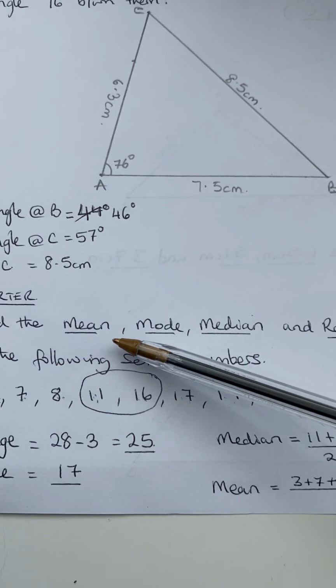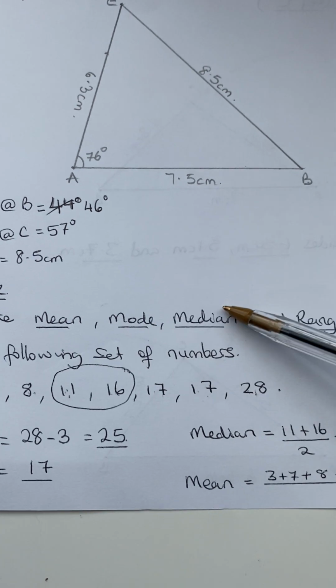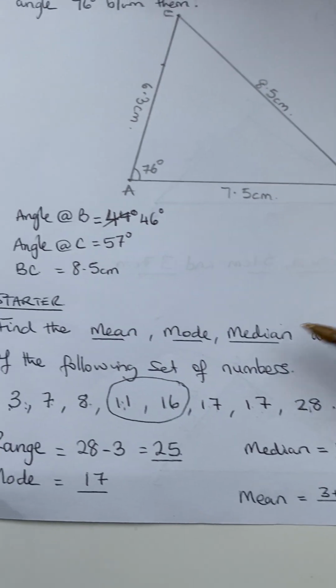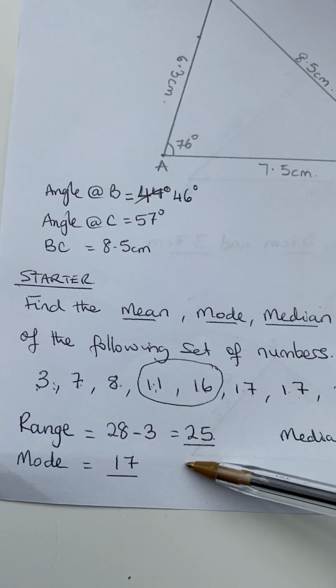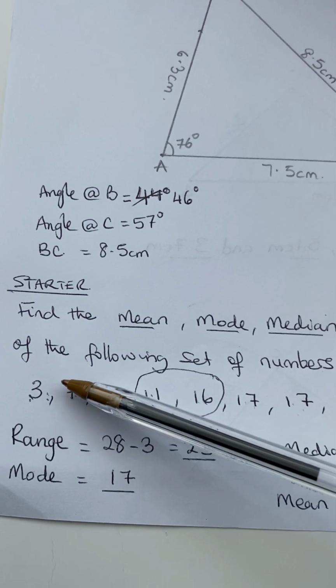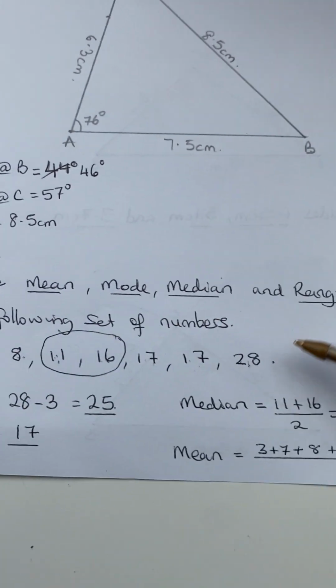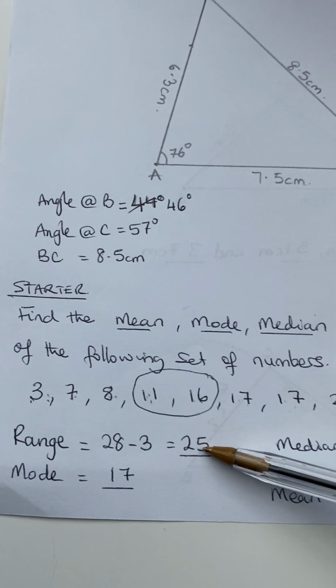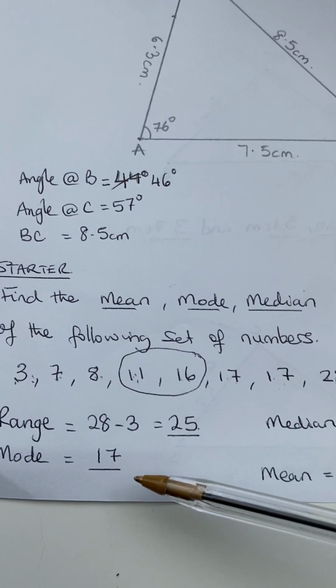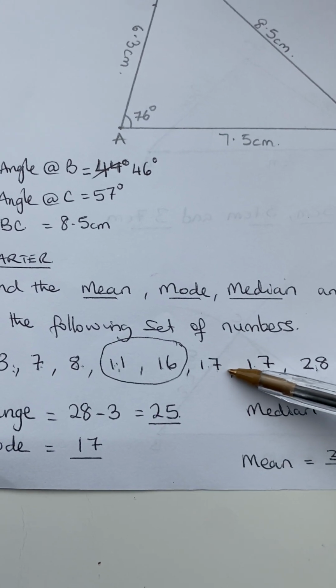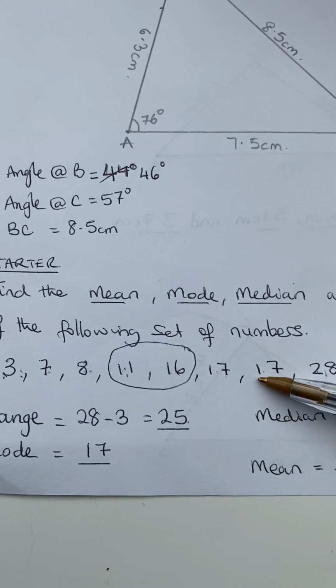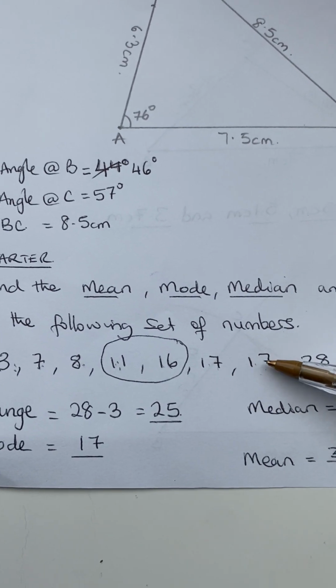So find the mean, mode, median, and range. Range is the easiest, the lowest from the highest, so that's 25. Mode, you can easily see 17 because it occurs twice.